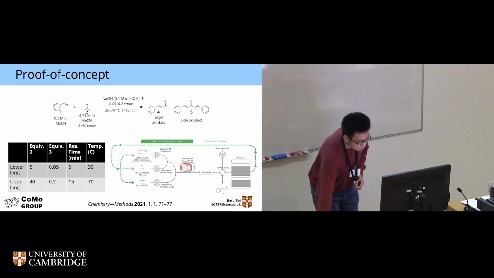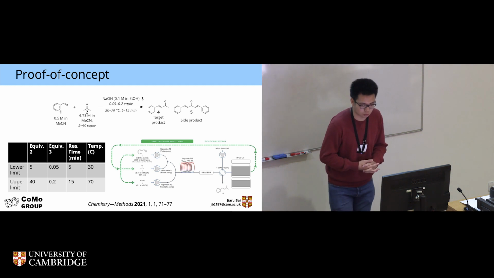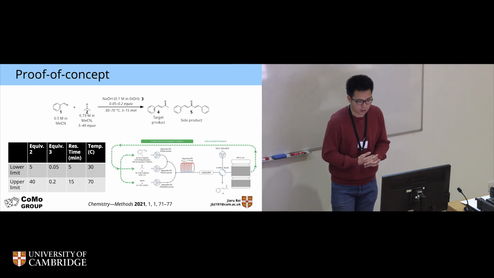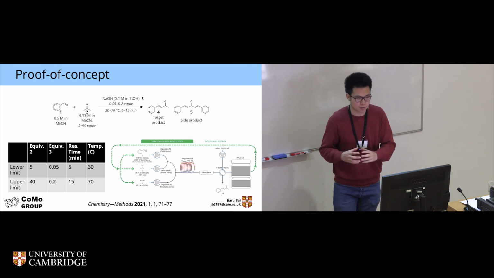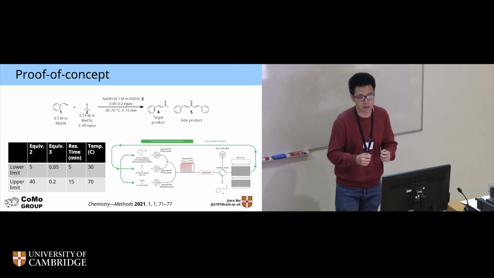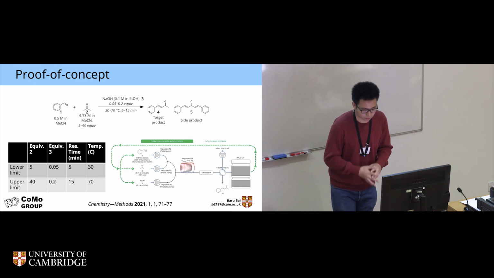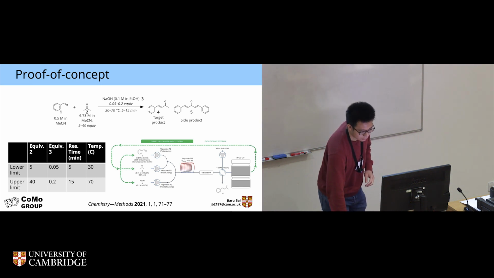This is the connectivity of the hardware, and this one shows the setup in Singapore, where all the chemicals are sourced by pumps connected with the reagent bottles. But the one we have in Cambridge uses an auto sampler to source the chemicals.